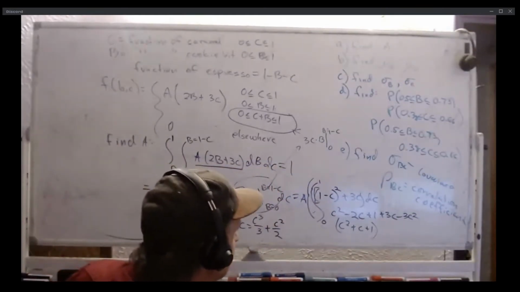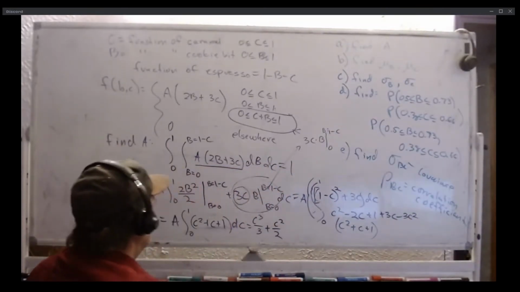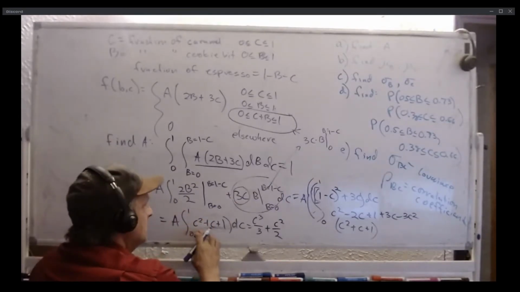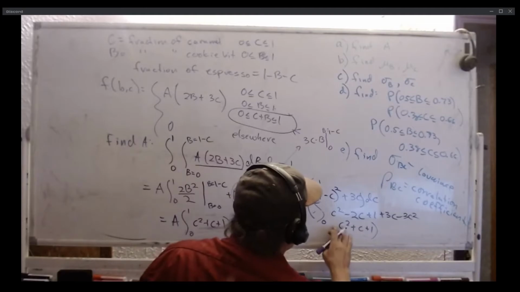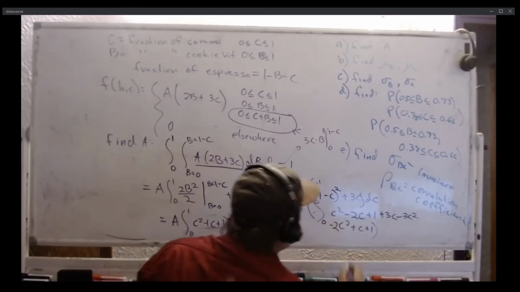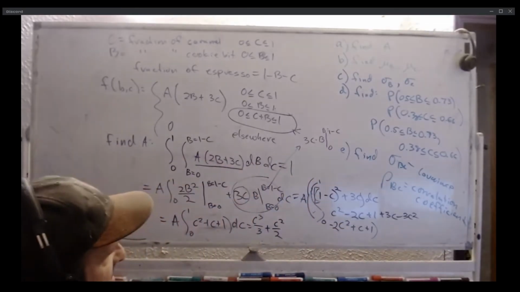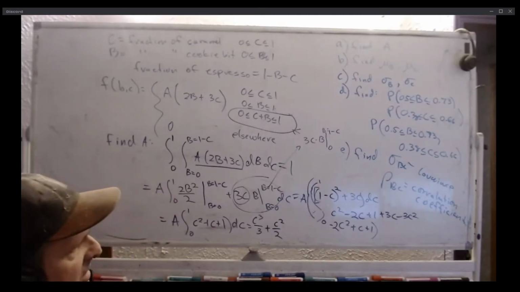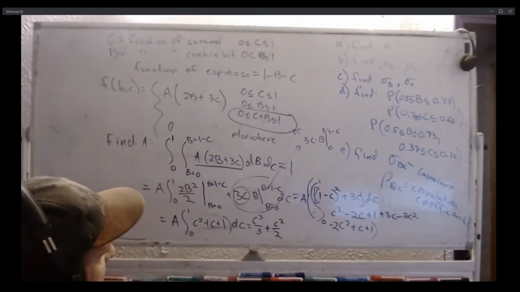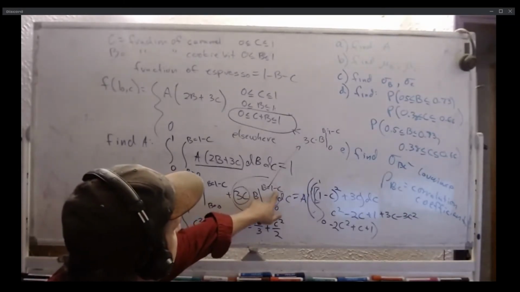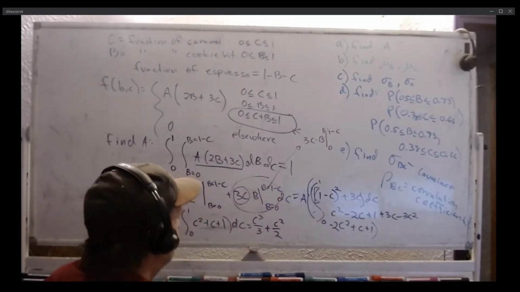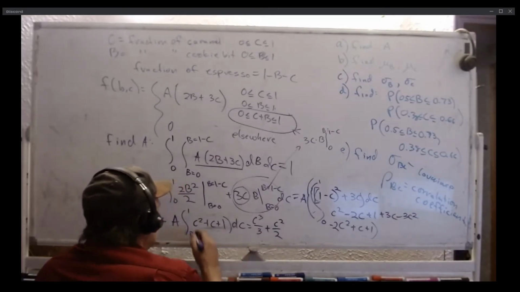Brandon? Yep, that was me. Very good. Good job. So we got to fix it. My bad. Brandon's good. Do you get negative 2c squared plus c plus 1 is what we're going to integrate? Yeah, that's what I had. I totally forgot the minus c up here when I plugged in the b value for this. That's where I screwed up.